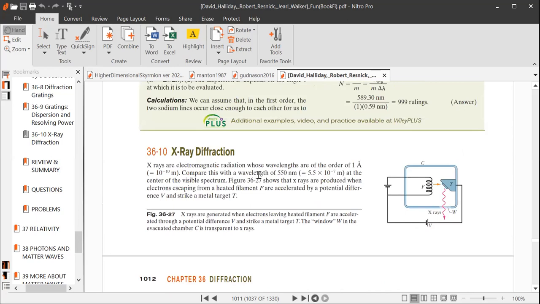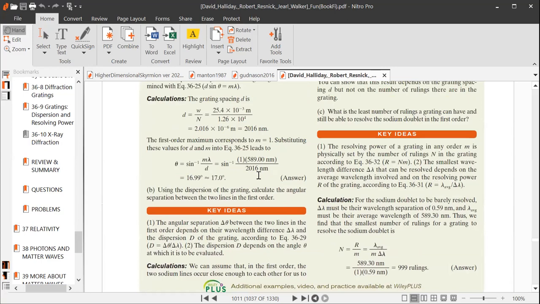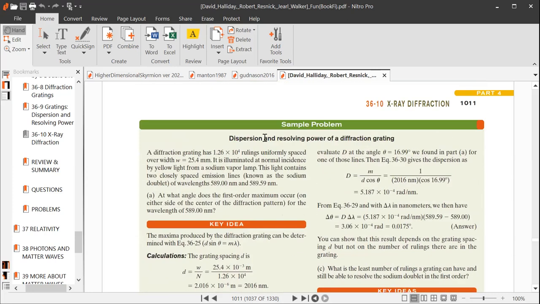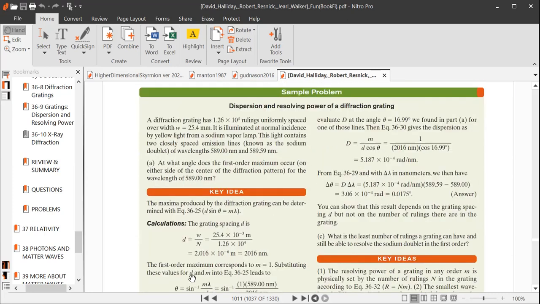Why do we use X-ray diffraction? For example, as we have discussed just now, this one, the distance between two slits is in the order of 1,000 nanometer. Nanometer is 10 to the minus 9 meter. So for 1,000, it should be around 10 to the minus 6 meter, 1 micrometer.